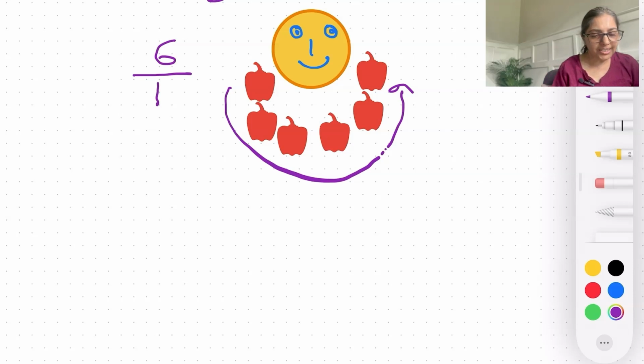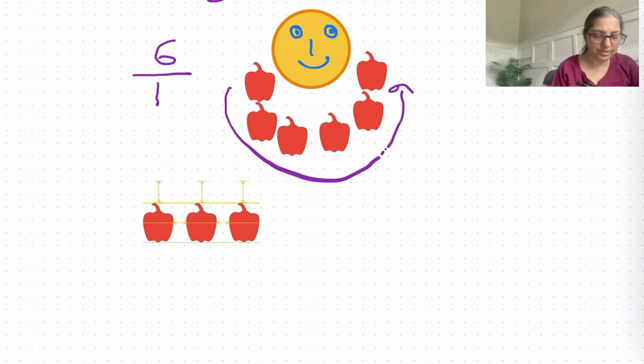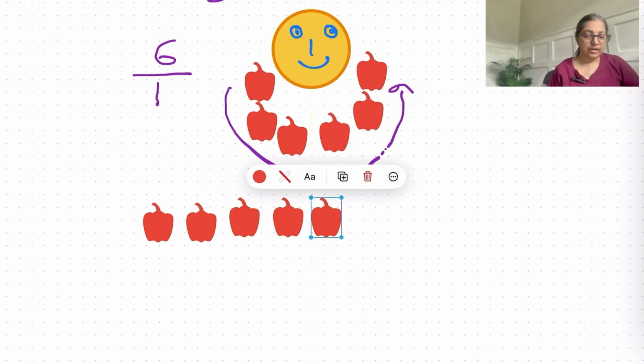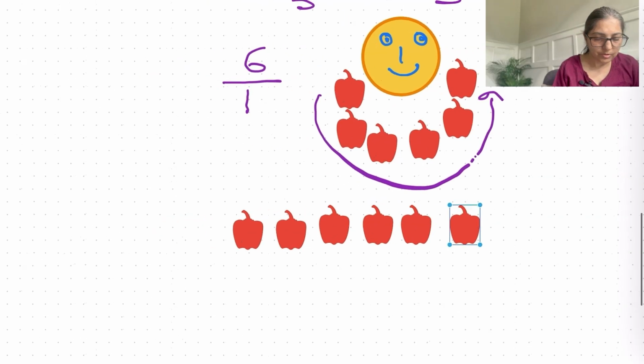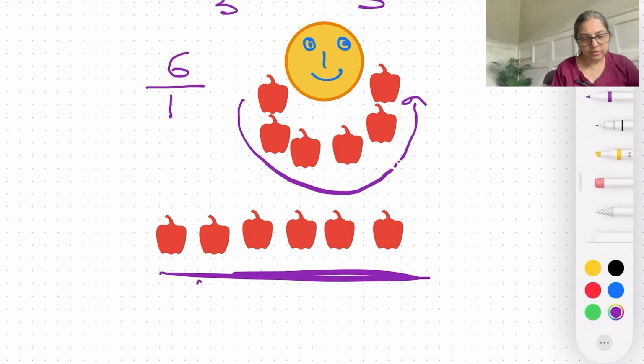Right? Now let's say all we had were 6 apples, but we had nobody to divide these 6 apples with.